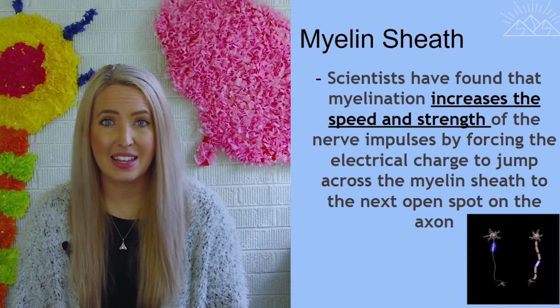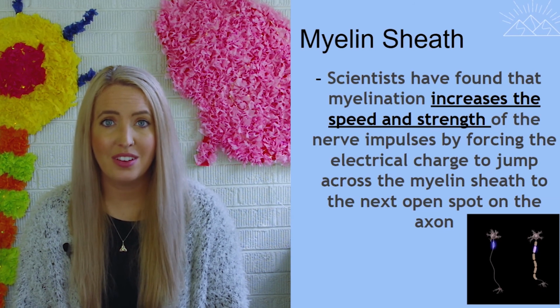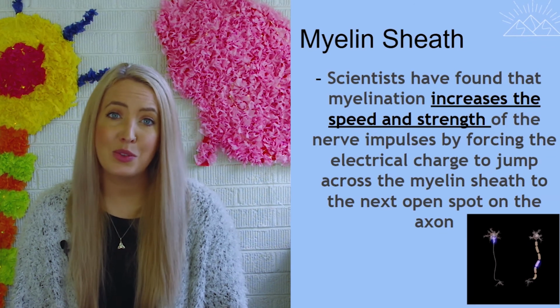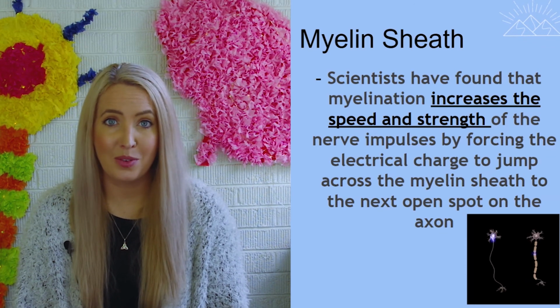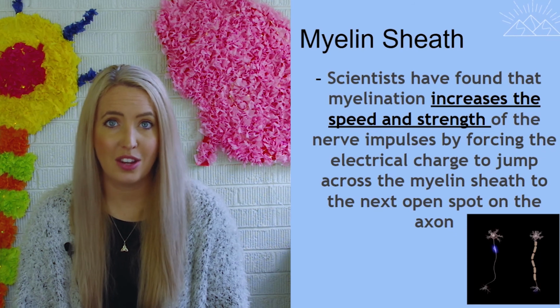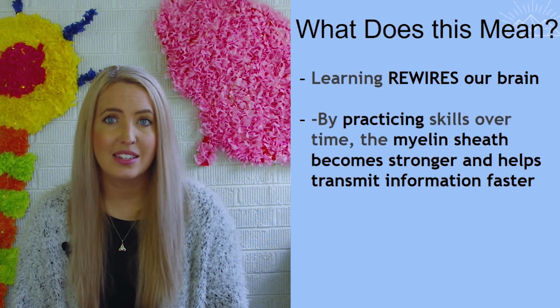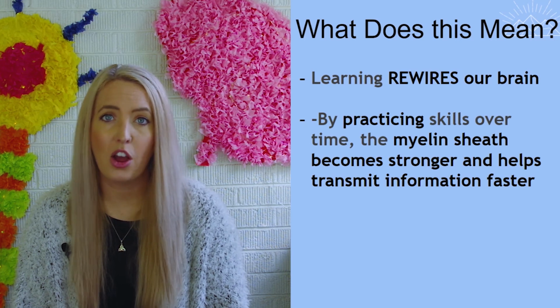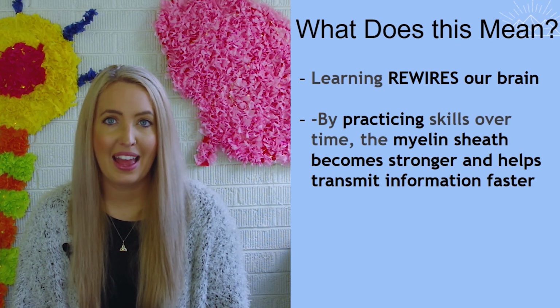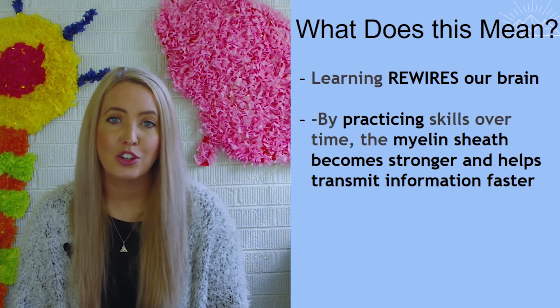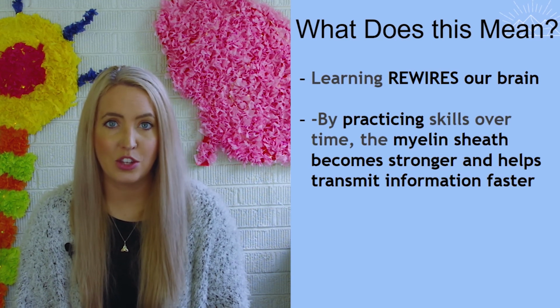And what this means is the more you use that connection, the faster and easier using it will become. And so this shows us something we learned in our memory unit about long-term potentiation, that learning actually rewires our brain, that when we practice skills over and over again, our myelin sheath becomes stronger and helps transmit information faster and easier, so that you can actually change your brain as you learn.